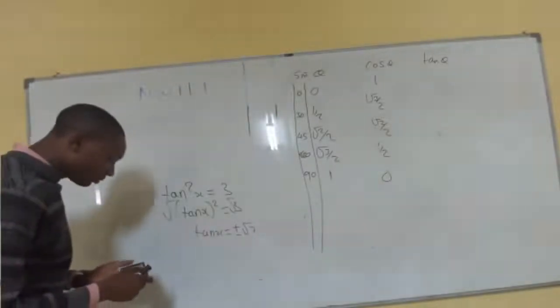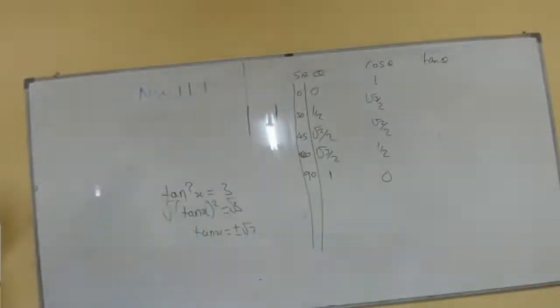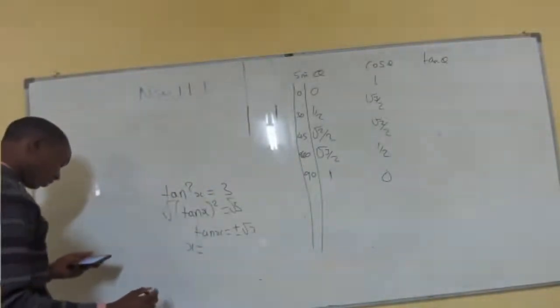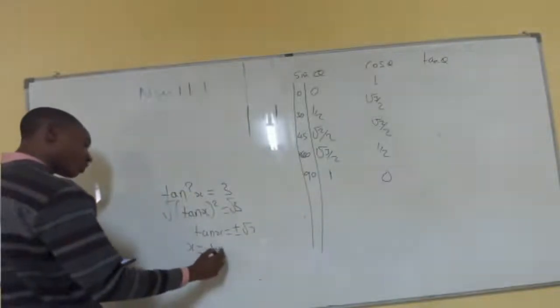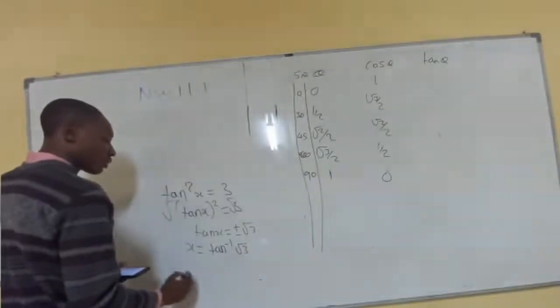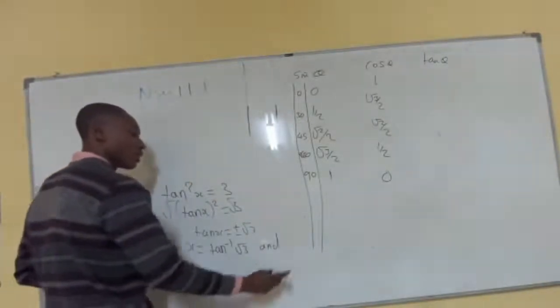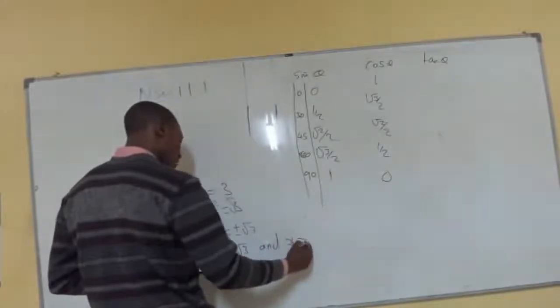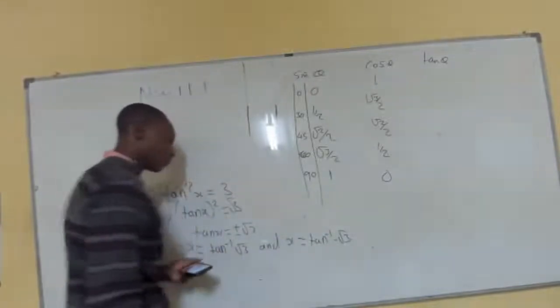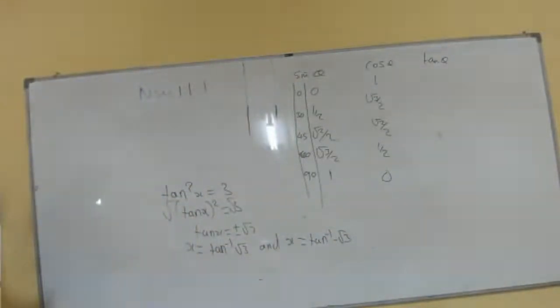So x is therefore equal to tan inverse of root 3 and x is equal to tan inverse of negative root 3. Basically those are the 2 solutions that we are going to have.